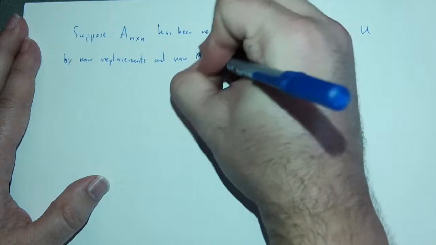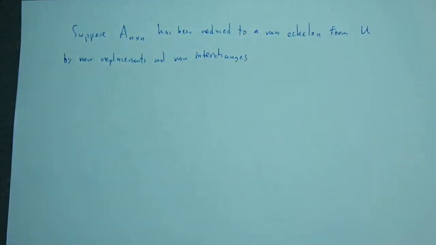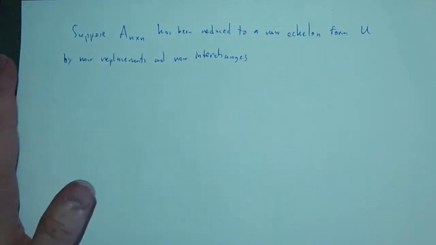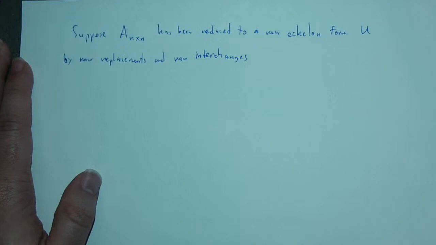Now, you might say, wait, what about row scaling? That's something we only potentially need if we were putting it in reduced row echelon form. So just to put it in row echelon form, we don't necessarily need row scaling at all here. So this is always possible.